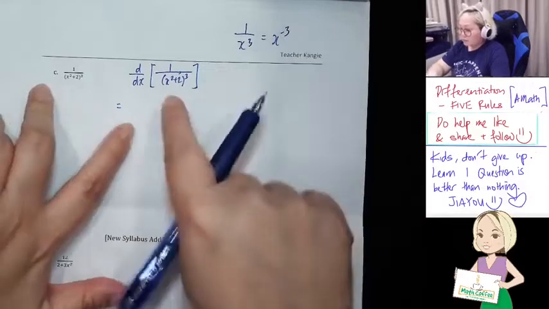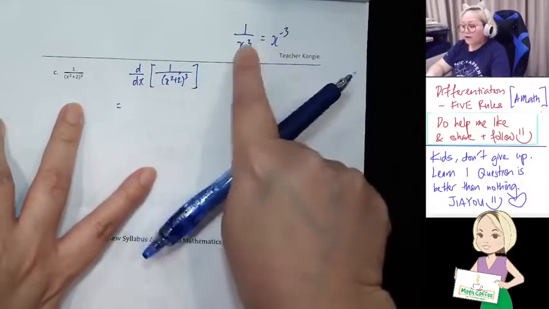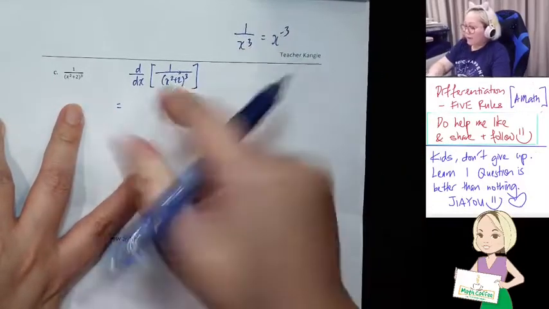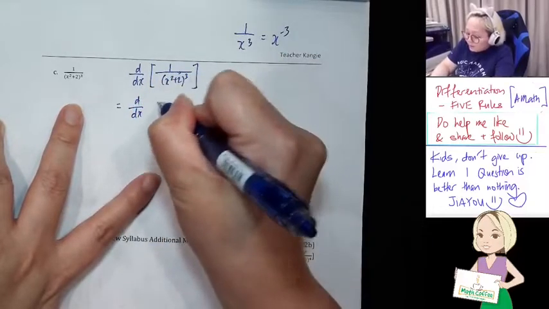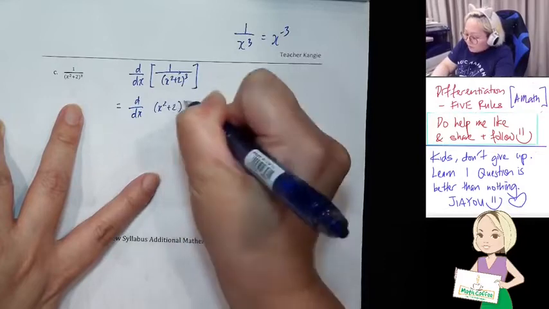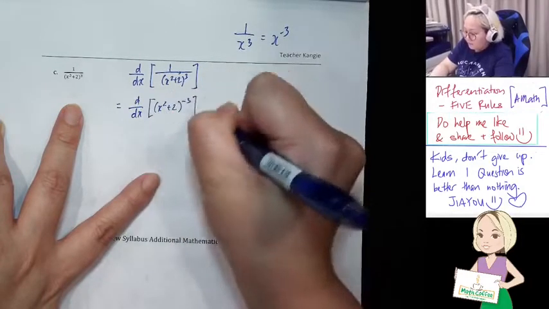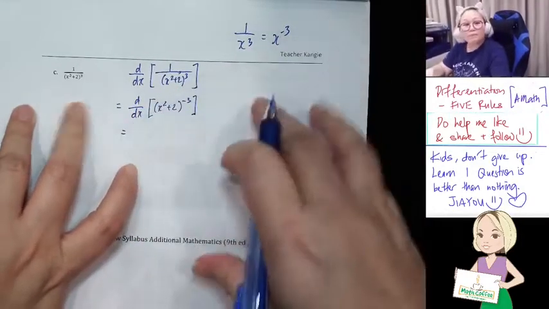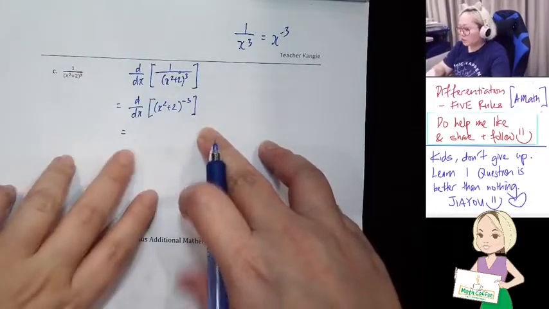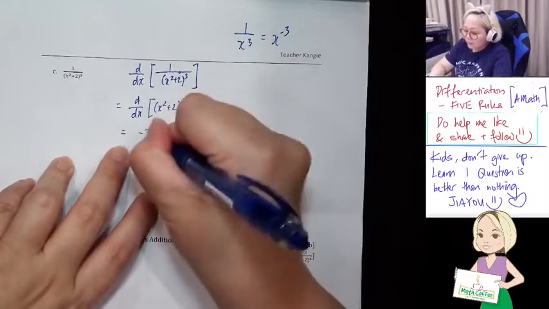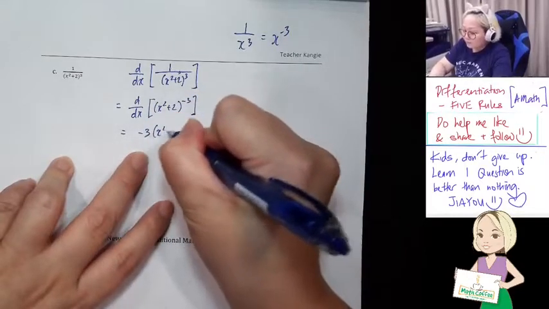Okay, so now, remember just now I taught you this, right? Now you are going to apply that. I'm going to change the presentation. It becomes x squared plus 2 to the power of minus 3. That's where the foundation we have learned is important. Now power bring down, so it becomes minus 3. Copy.